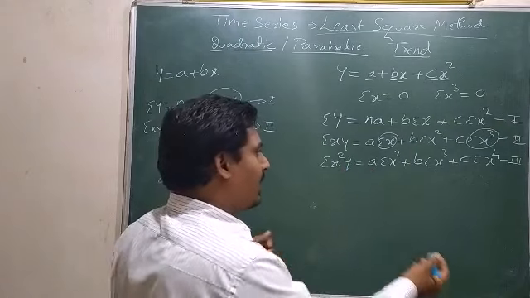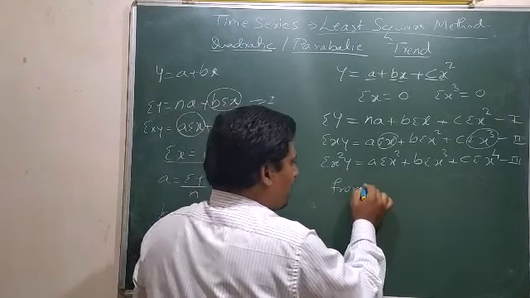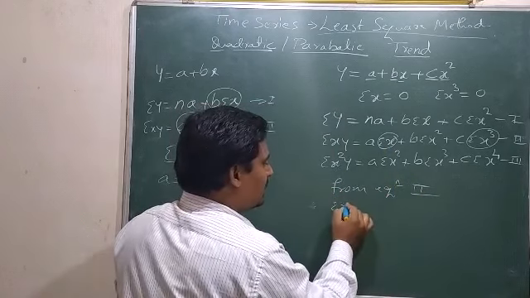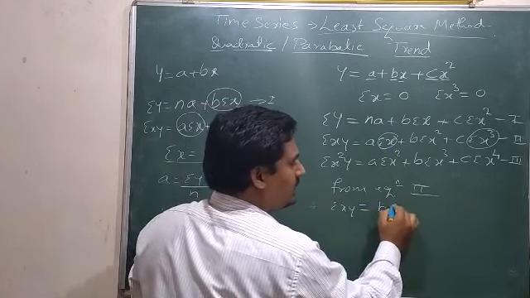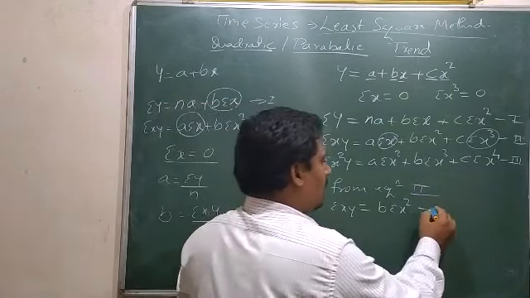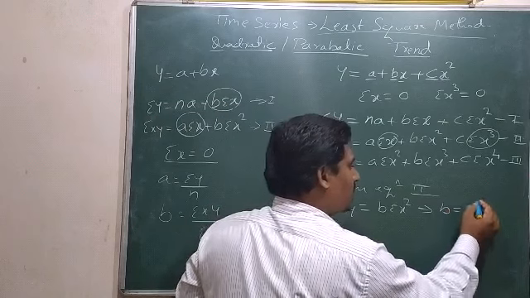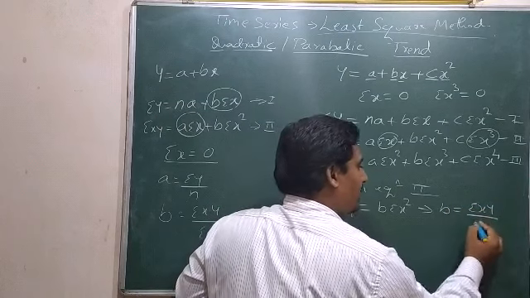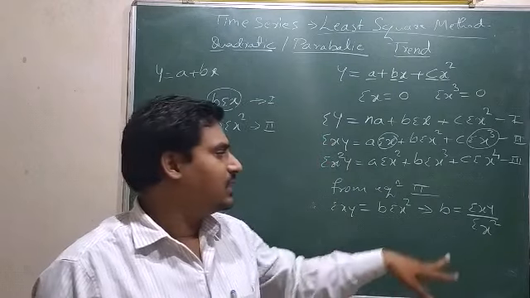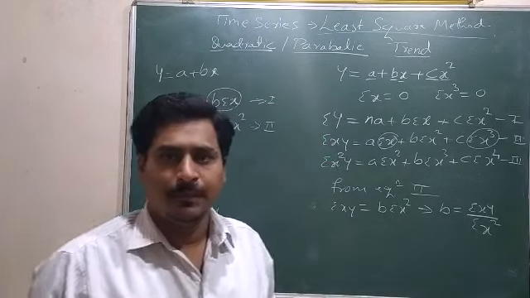So we are finally left, from equation 2, with summation xy is equal to b summation x square, where b is equal to summation xy divided by summation x square. So this is the rate of increase.